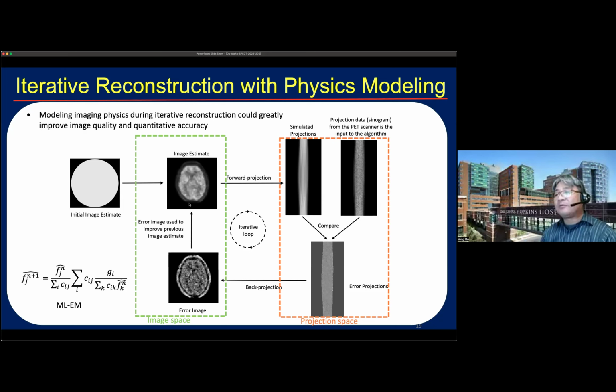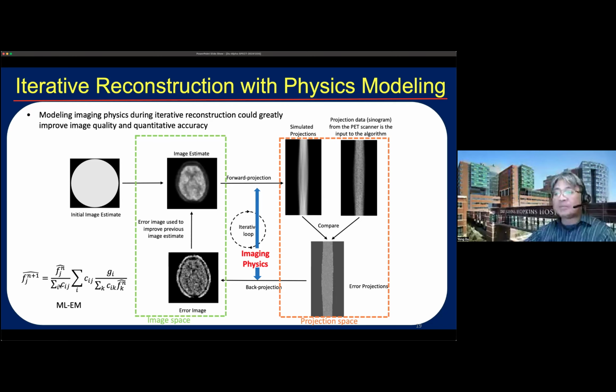People found that if we model physics during the forward projection and backward projection process, we can gradually remove the attenuation, resolution blur, and those kinds of factors and improve image quality. One typical algorithm for that is the EM algorithm, and we can model the factors in the projection matrix, either on the fly or calculated beforehand into the matrix, so that we can solve this problem.